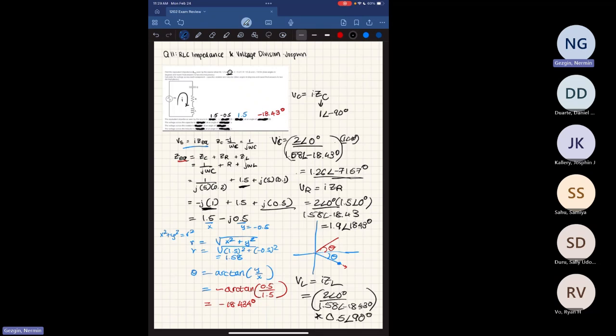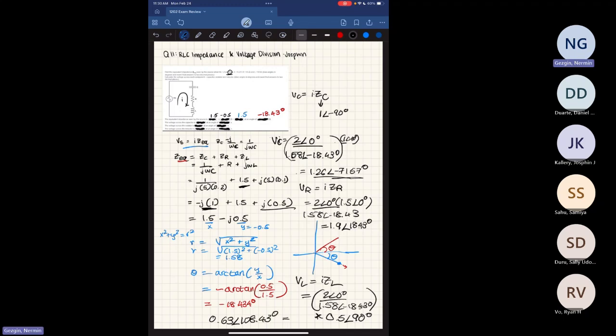Sorry, it looks a bit messy over here, but hopefully you all get the point. Just try to keep everything in phasor. When you see a J, it means positive 90 degrees, minus J means negative 90 degrees. And for VL, you should get 0.63 at an angle of 108.43 degrees.